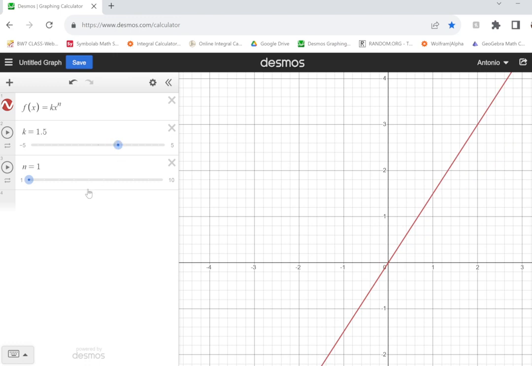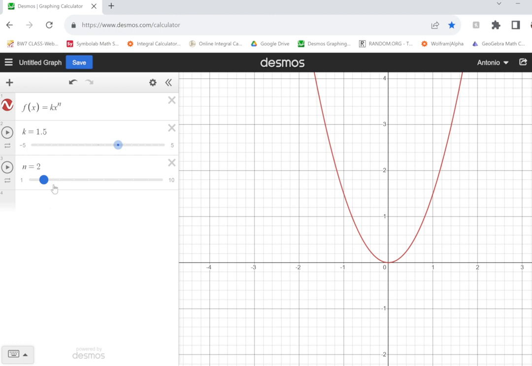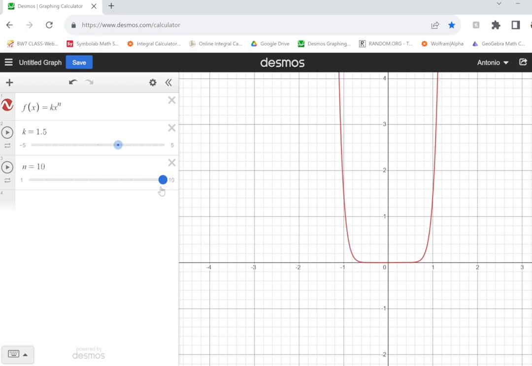What I want to focus on here is, first of all, the change in the power. As n goes from 1 to 10, as I go through these powers, notice some similarities and differences as well. We can see here how these graphs change for each change in n.